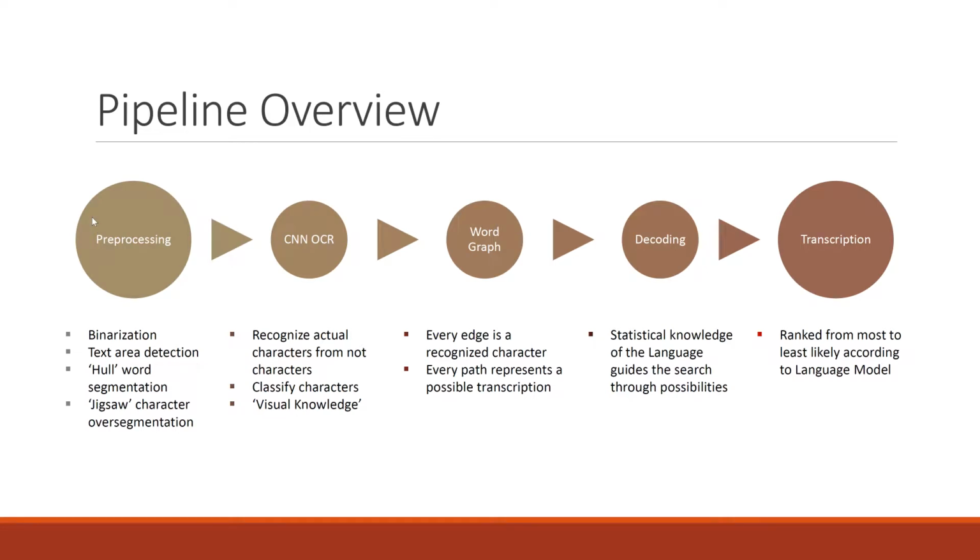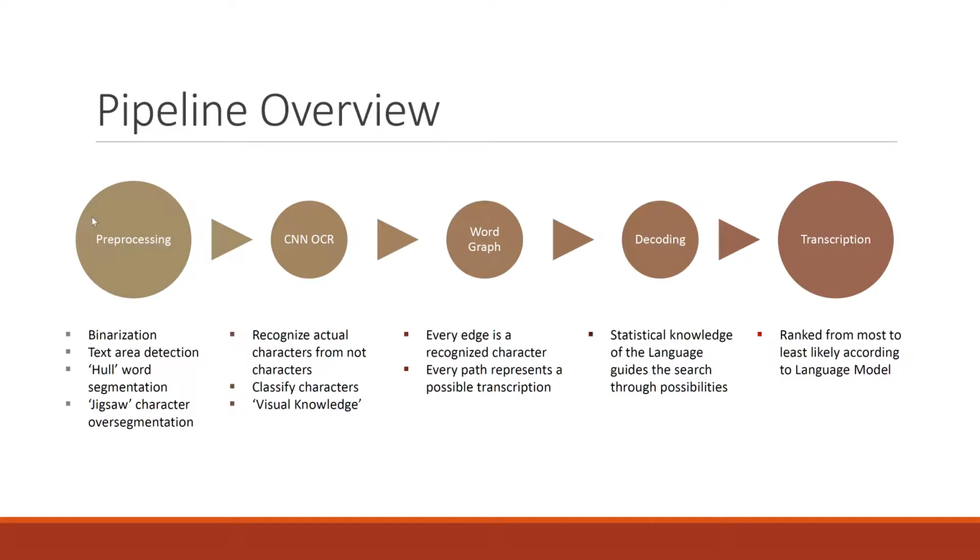So we use this for our transcription system that is briefly shown here as a pipeline. We will see in more detail how it works, but there is a step of pre-processing where we start from the original image and do some cleaning, separation of the text from the background, which can be noisy.